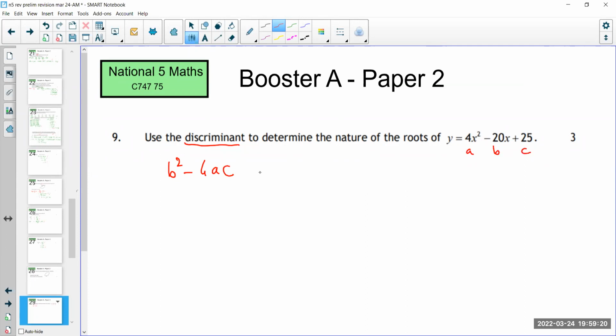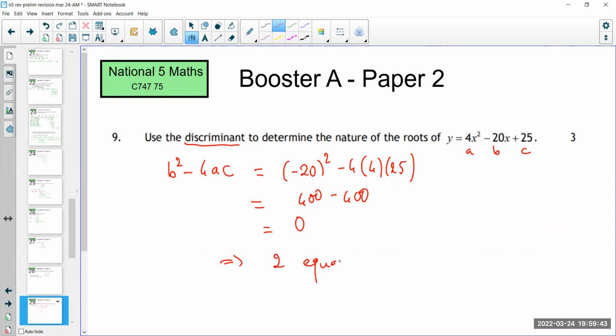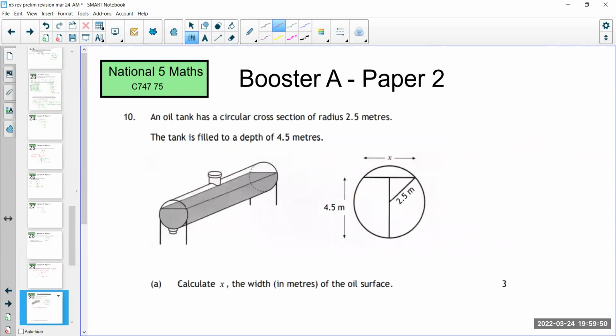And if we calculated this, we would get negative 20 square minus 4 times 25. And that would be 400 minus 400. And when you've got a discriminant that is 0, you've got 2 equal roots. But again, you're not going to be tested on anything like that.